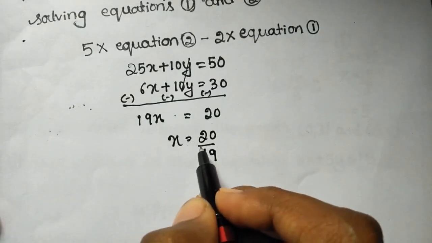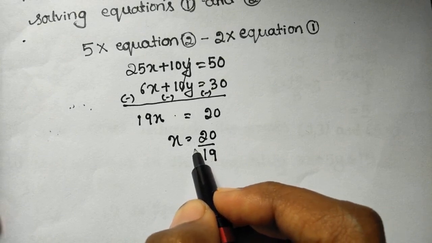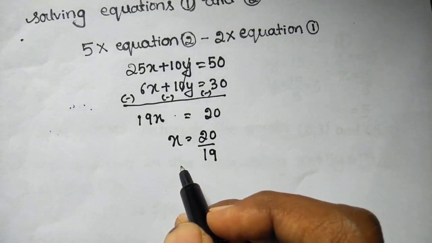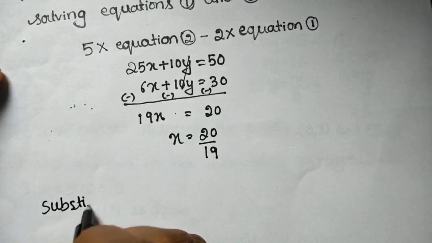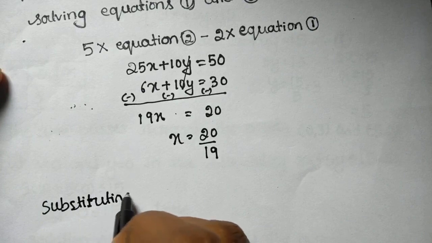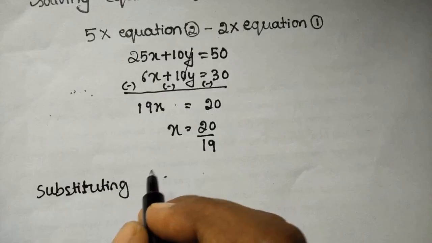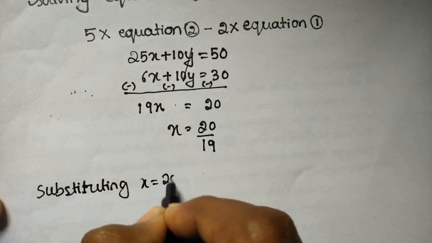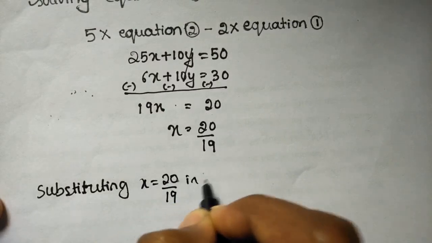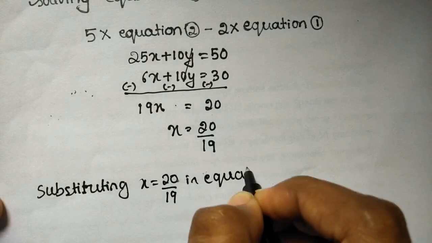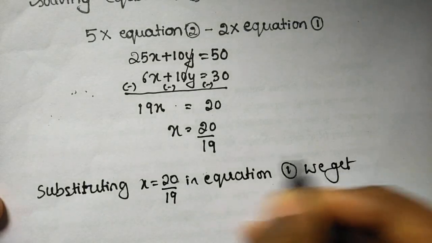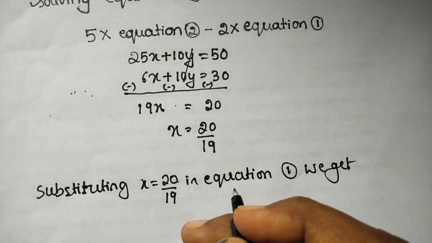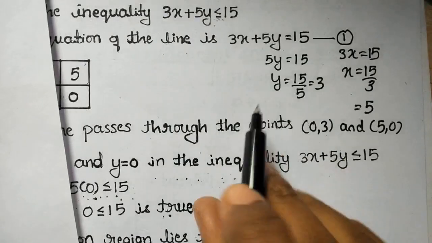Substitute the value of x in either equation 1 or equation 2. Substituting x is equal to 20 divided by 19 in equation 1, we get: equation 1 is 3x plus 5y is equal to 15.